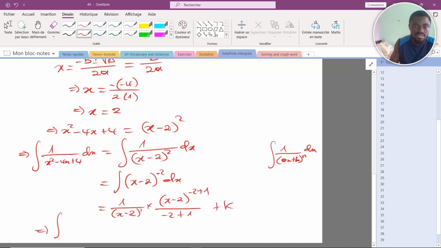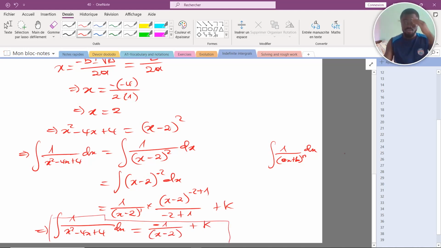So the integral of 1 over x squared minus 4x plus 4 dx will be equal to, when I differentiate this it gives me 1, this plus this gives minus 1, so I'll also have minus 1 here. So this equals minus 1 over (x minus 2) plus our constant of integration. So that's the integral we just had.